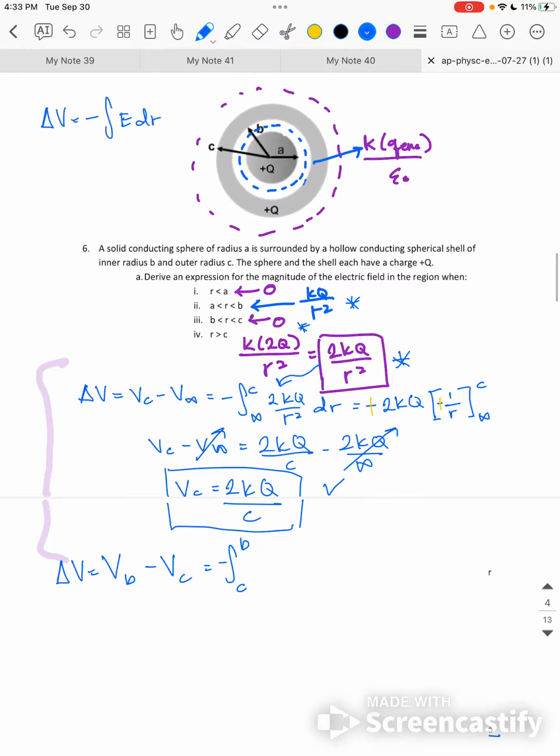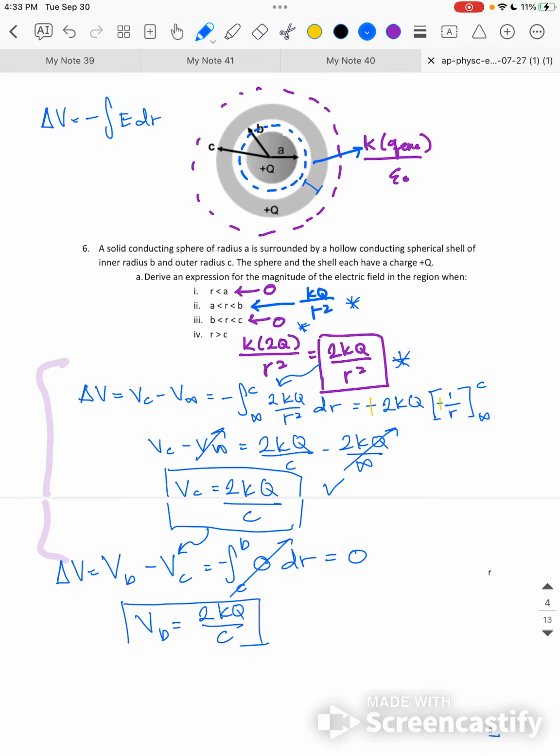And within that region, inside the conductor, the electric field is 0, which means this expression is equal to 0. Does that mean VB is equal to 0? No, because we still have to plug in our VC expression. VB is equal to VC, which is 2kq over C.